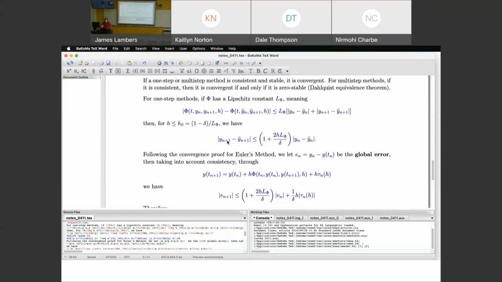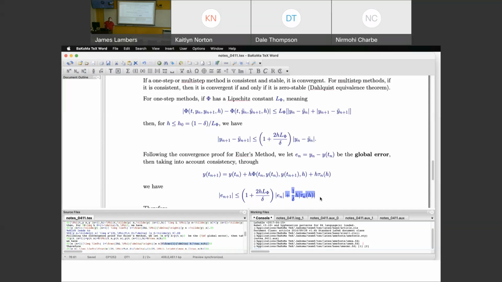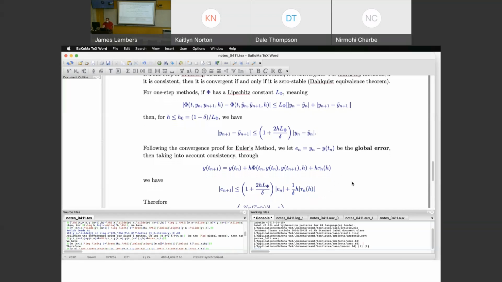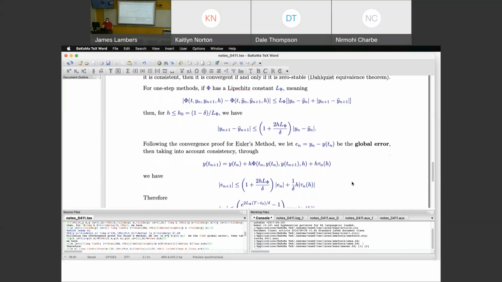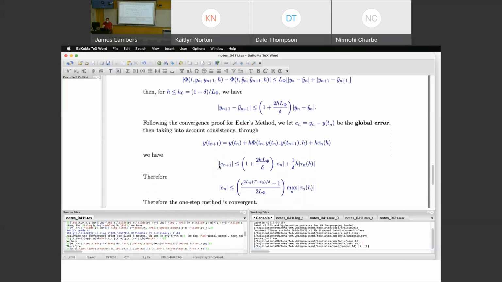So now, by putting this inequality and this equation together, I get this. So this is essentially this inequality all over again, except I have this extra term that takes into account the local truncation error. So now, this relates the error after n plus 1 time steps to the error after n steps.